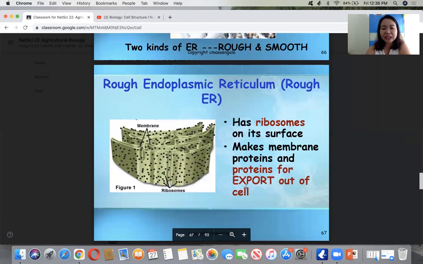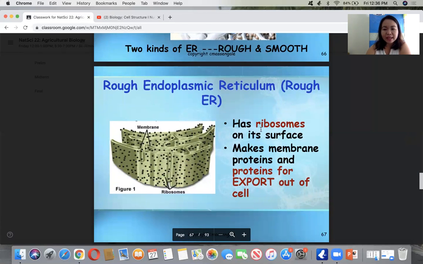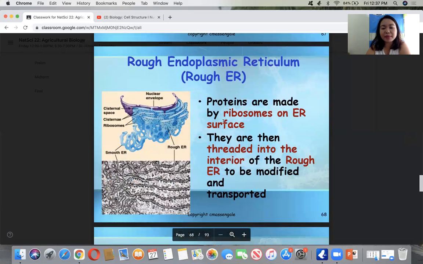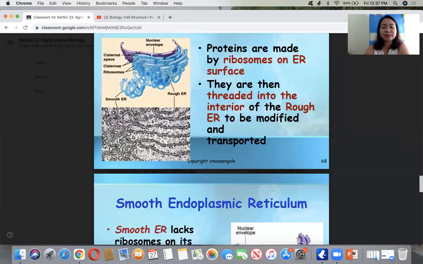So the rough ER has ribosomes on its surface, which make membrane proteins and proteins for export out of the cell. The proteins are threaded into the interior of the rough ER to be modified and transported.